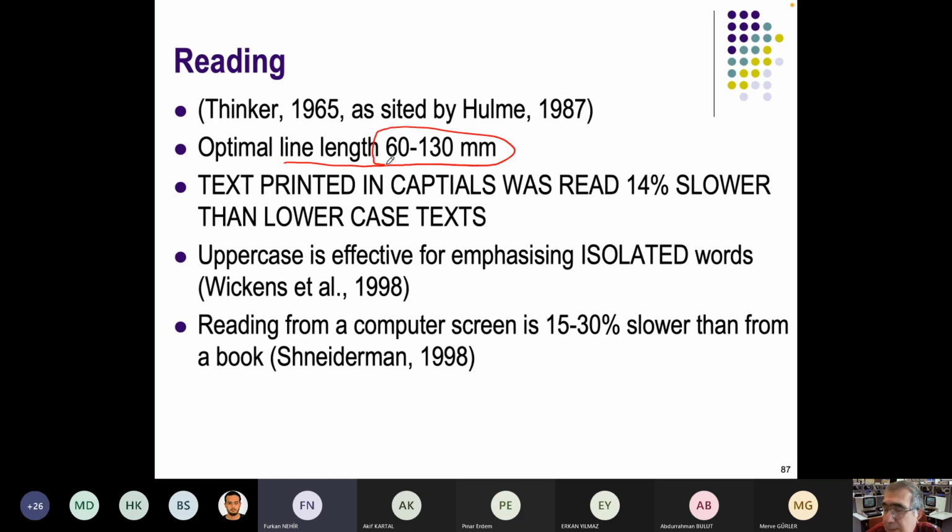It is still regarded as a reference, but more studies are necessary to compare tablets and regular screens, laptops, types of screens and phones. So reading a book from the phone or from a regular book makes some difference, but the problem is how much difference we have. That should be measured.